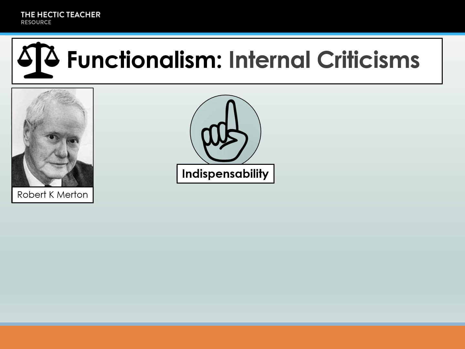If we really think about it, not all social institutions are functionally indispensable, there are alternatives. And he even points out that Parsons says it himself through structural differentiation theory, that when we aren't able to use a particular social institution for a particular function, it passes on to someone else.